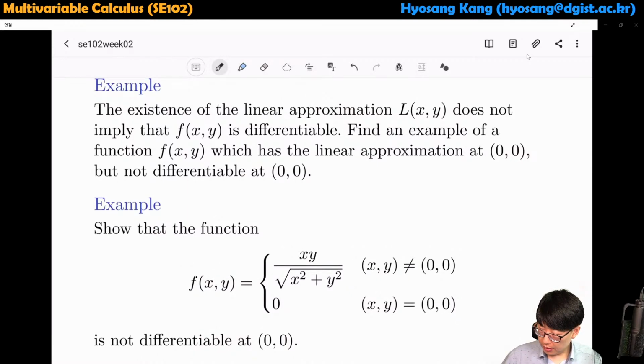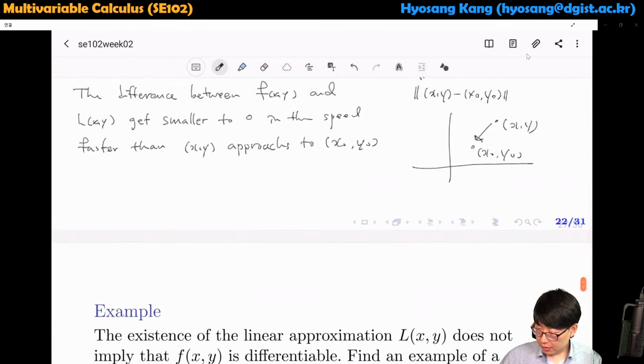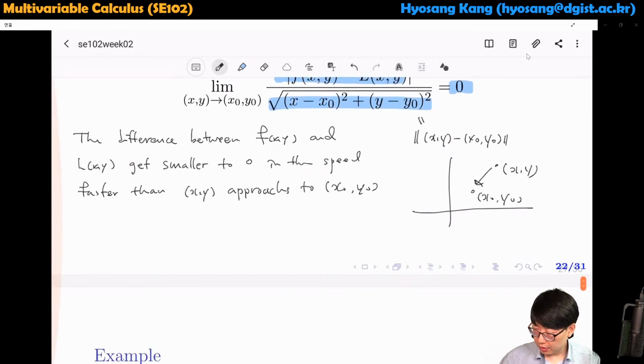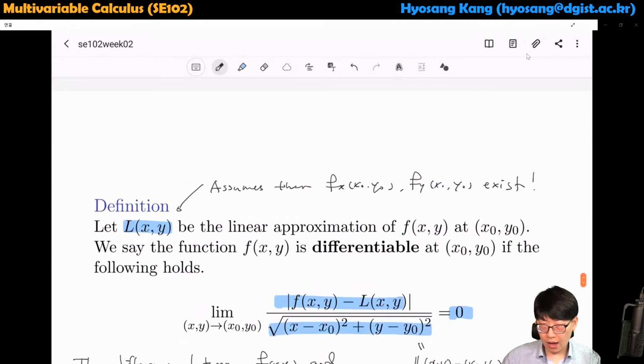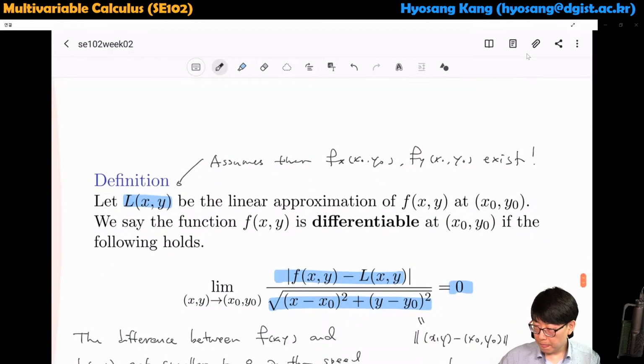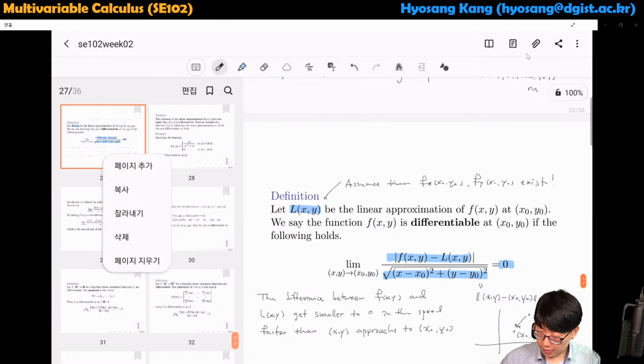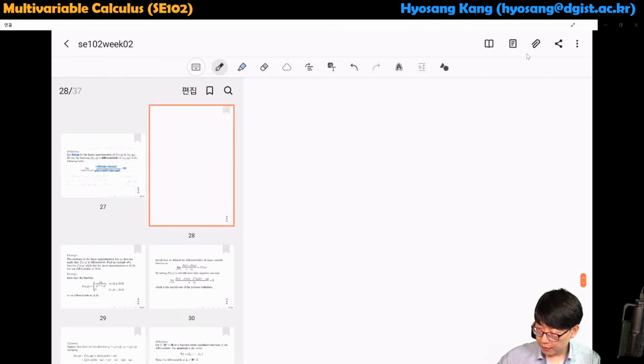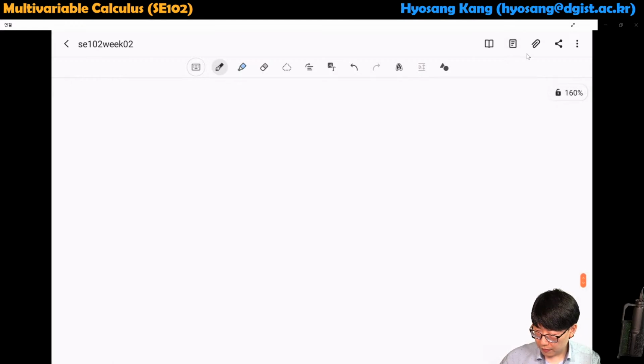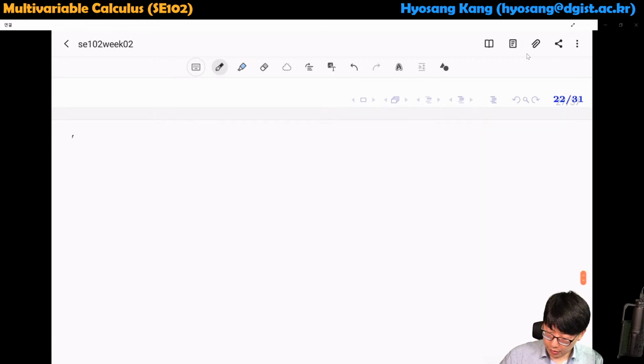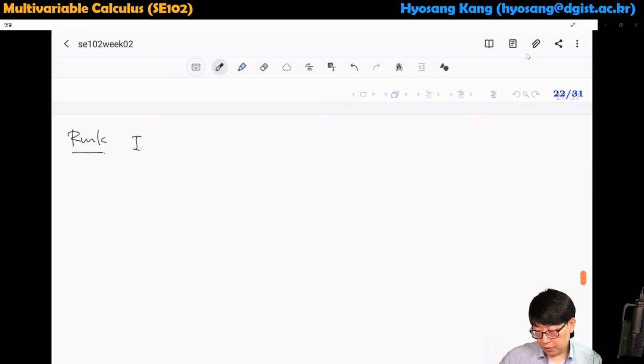Maybe I should explain at this point why we have this kind of differentiability of a two variable function, and how it is different from the differentiability of a single variable function. So here's a remark. Let me restate the definition of differentiability of a single variable function.